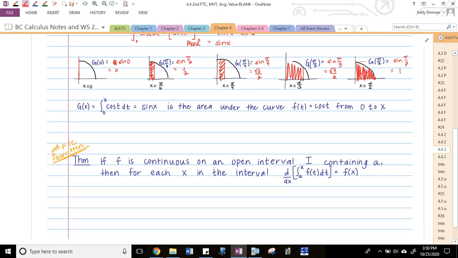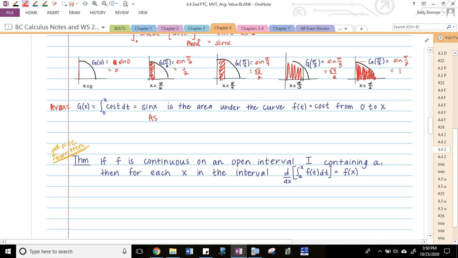So g of x, which is our area, calling it g of x, is equal to the integral from 0 to x of cosine t dt, which comes out to sine x. It's the area under the curve of cosine t from 0 to x.